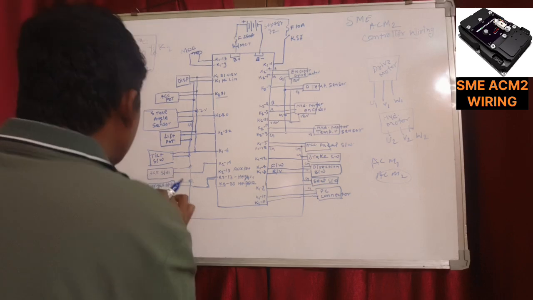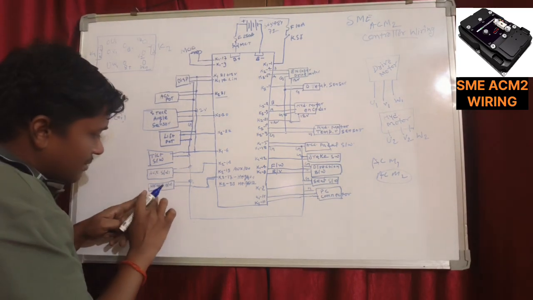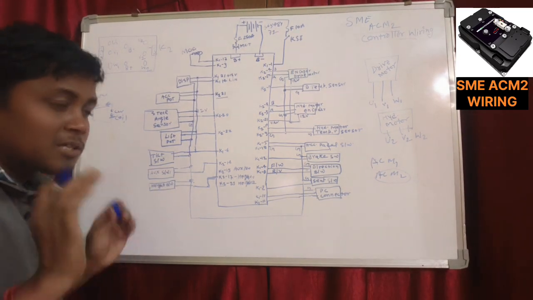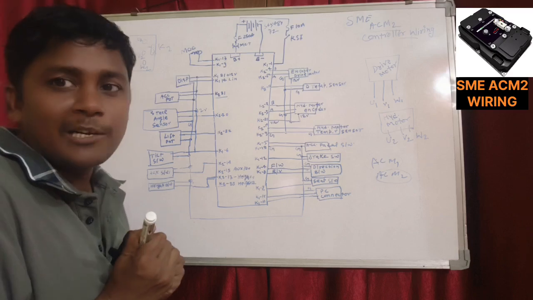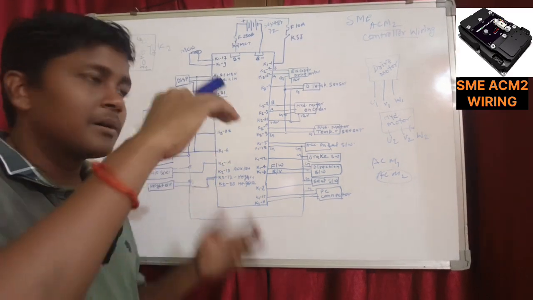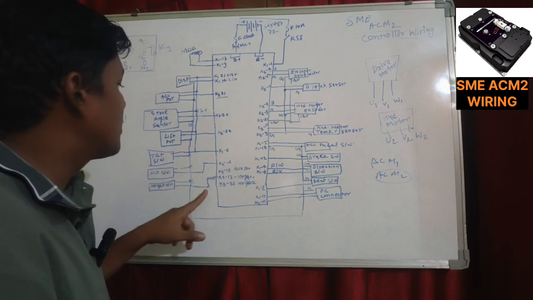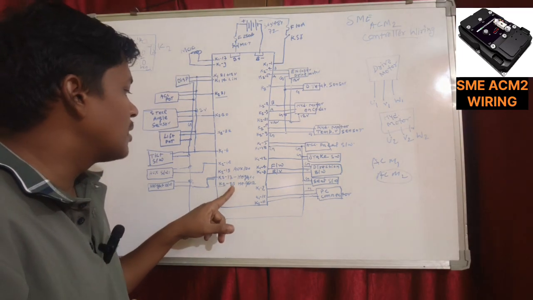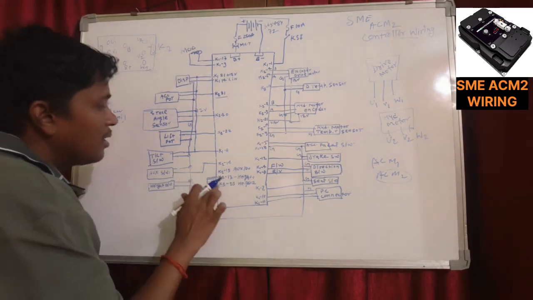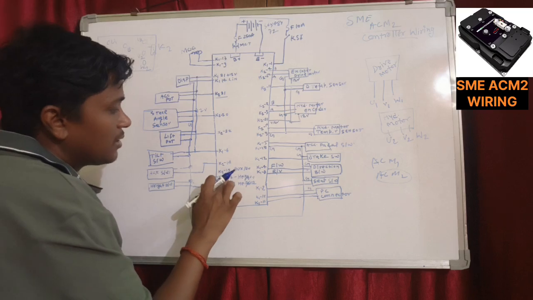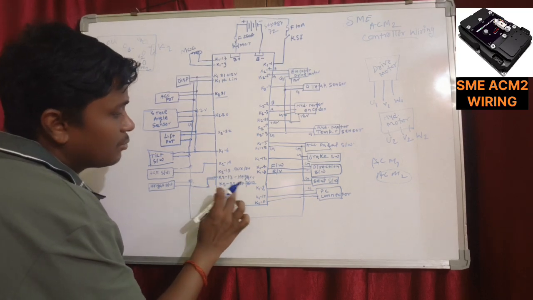Then I am coming to the height switch. Some forklifts have a height switch, which is mounted on your mast, and which will be connected to K117 or K123. There are two options for height switch, K217 and K223.